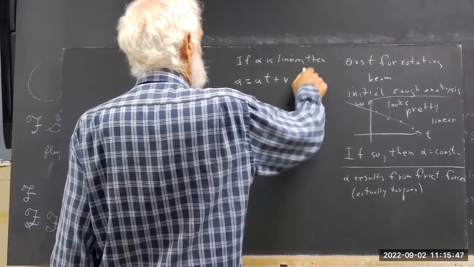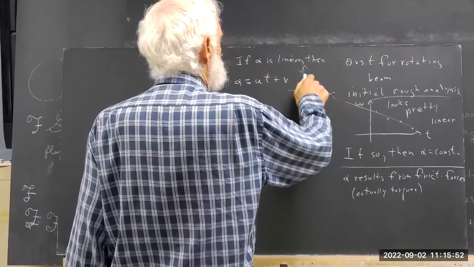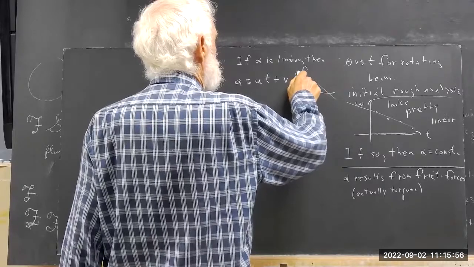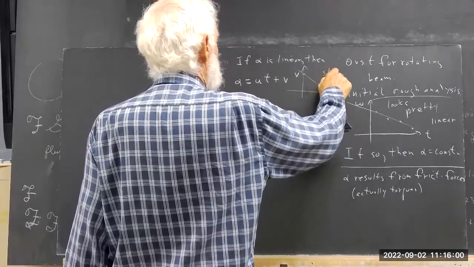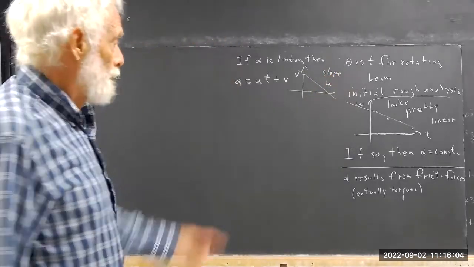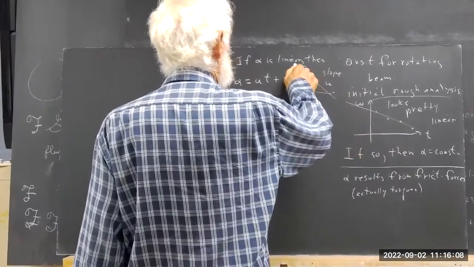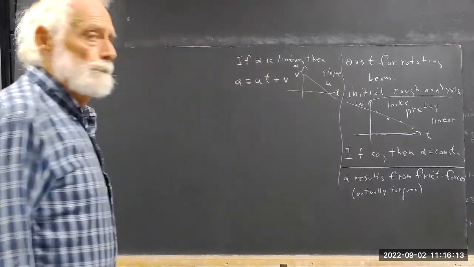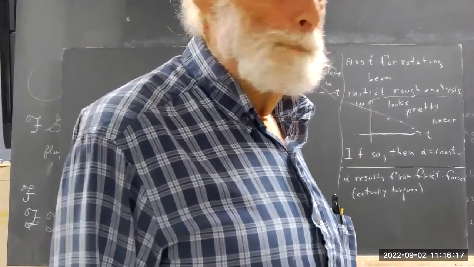And of course that relates to V here and slope. Okay, now this isn't this because this is alpha versus T.